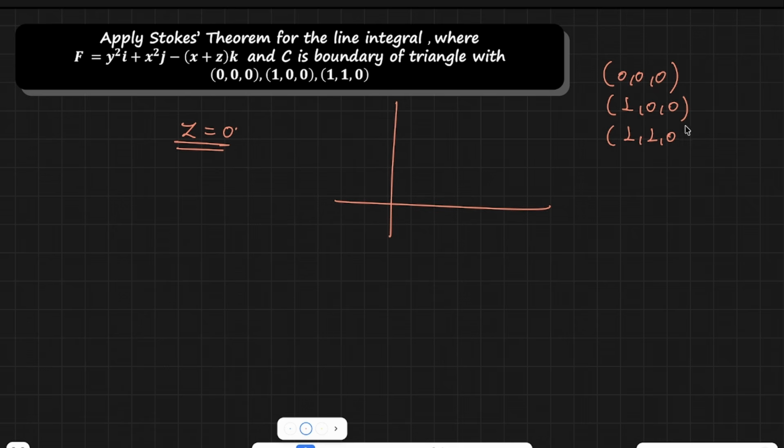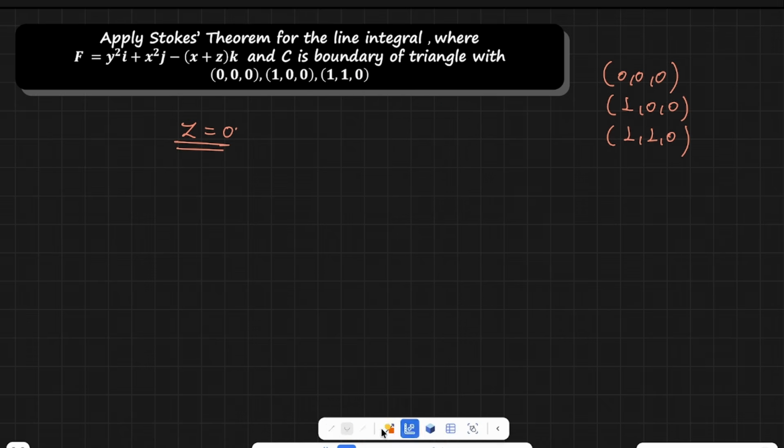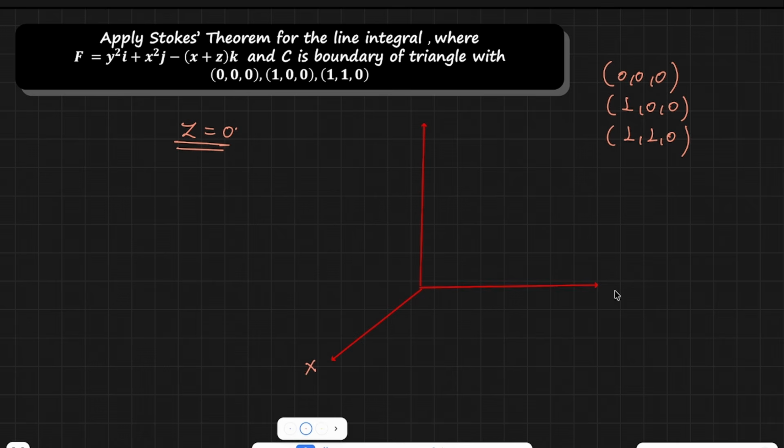I will draw the 3D axis. Let's say the 3D axis is like this: this is the z axis, this is the y axis, and this is the x axis. Since z is 0, the complete figure will be in the xy plane.